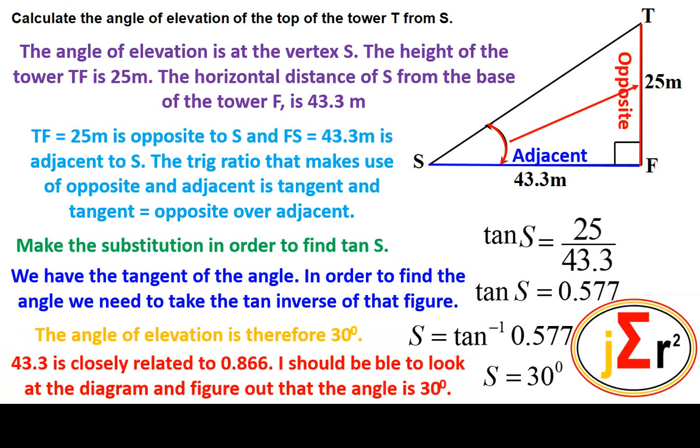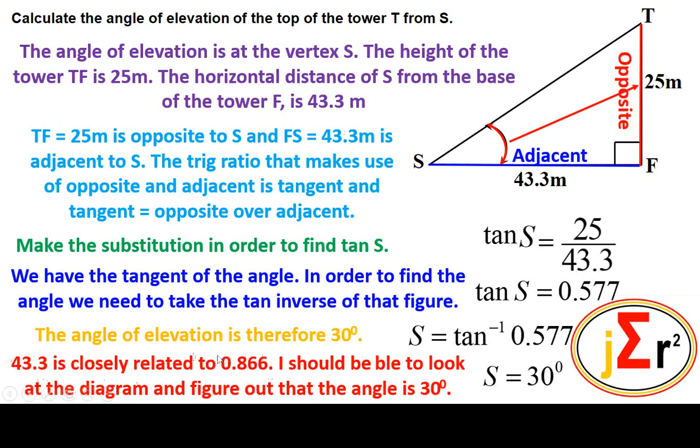43.3 is closely related to 0.866. Therefore, I should be able to look at the diagram and figure out that the angle is 30 degrees. I should have been able to do that. And how? You also should be able to do it by taking a look at the relationship between 43.3 and 0.866. As you can see, the digits here are twice the digits here.